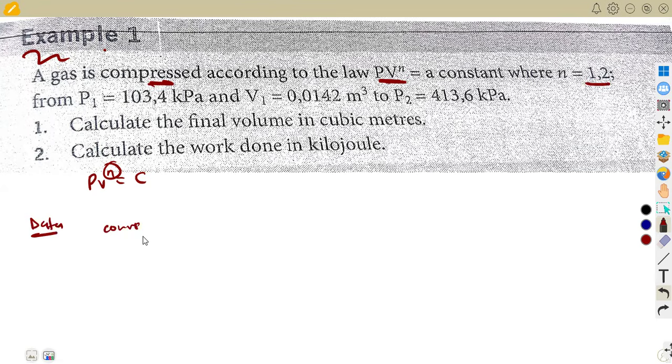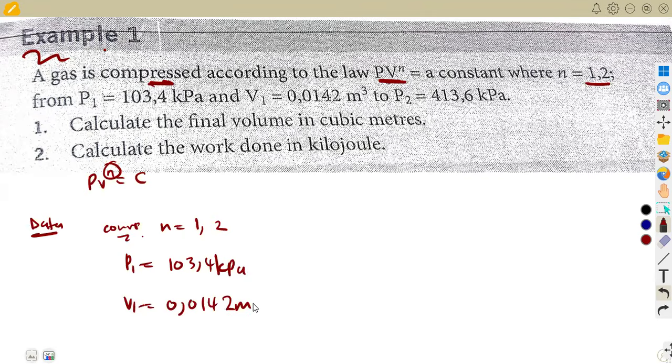Take note, this is being compressed from a pressure P1, which is 103.4 kilopascal, and volume V1, which is 0.0142 cubic meters, to a pressure P2 of 413.6 kilopascal. At these conditions, calculate the final volume in cubic meters, which is V2.